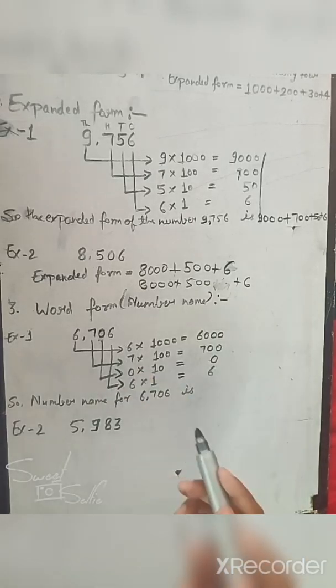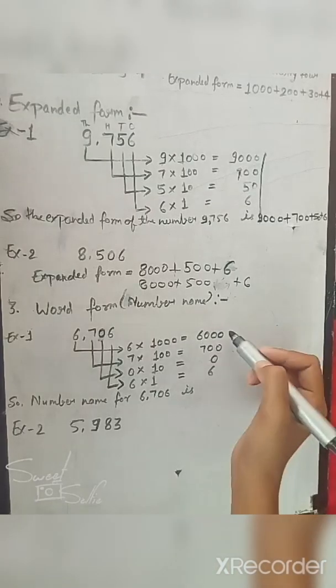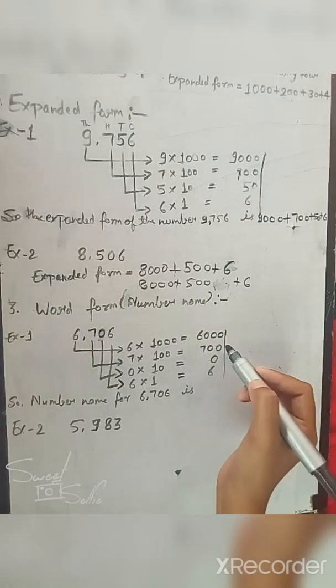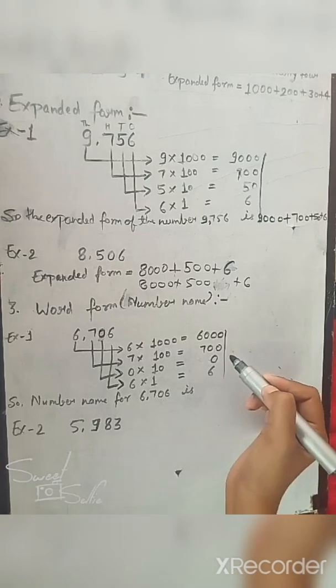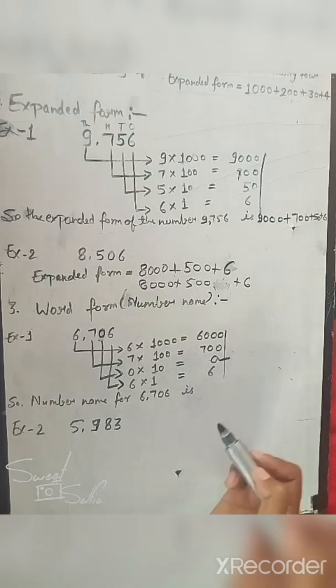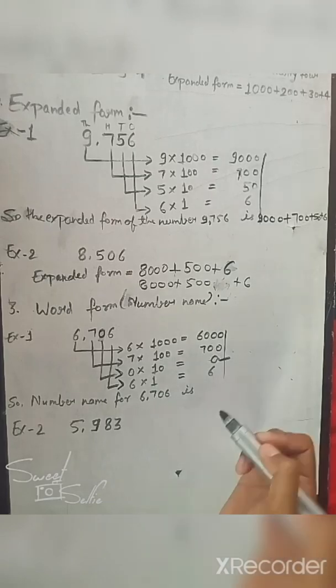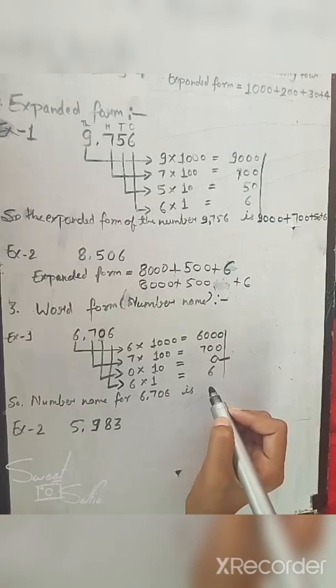Okay, my dear students, now read it. How do we read it all? 6706. There is no need to read 0 here. While reading 0, we stay silent. So how do we read it?